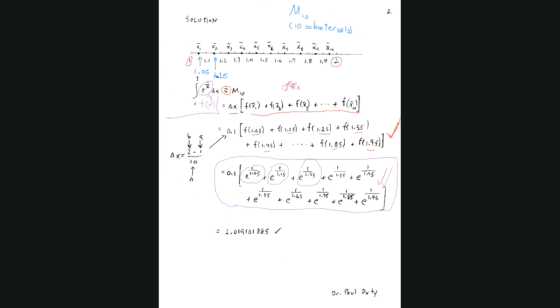And mathematicians 200 years ago would have to compute every one of these values. They had to compute each one. The computation is doable, but not easy, but it is doable.